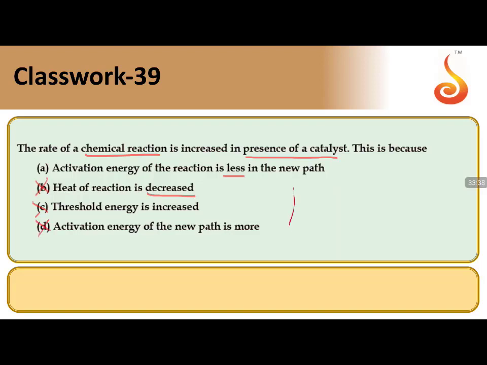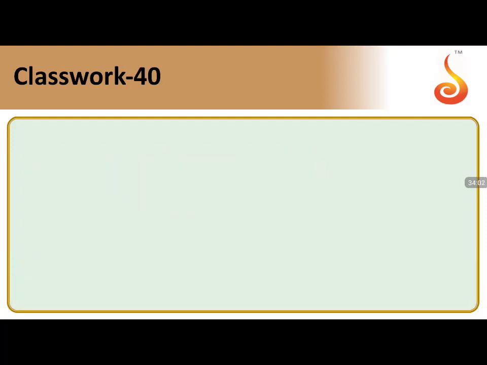No. In the presence of a catalyst, the activation energy is decreased, but the initial and final points are not changing. So there is no change in heat, and there is a decrease in activation energy. The answer should be option A, the decrease in activation energy.